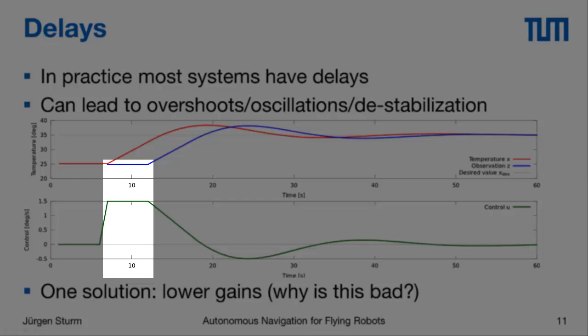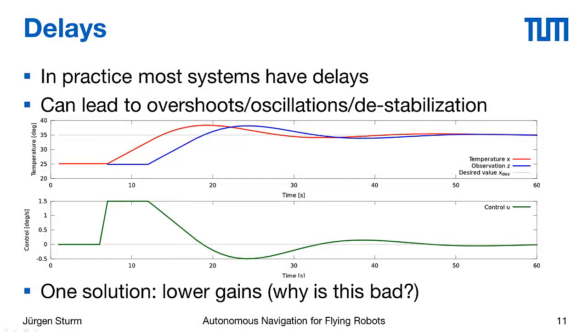So for example, here in time step 8, the valve is opened, or the temperature is being changed, but in the blue line, which gives us the observations from our system, nothing changes for 5 seconds because we have a time delay of 5 seconds, and only after these 5 seconds we get the first readings of the changed temperature.